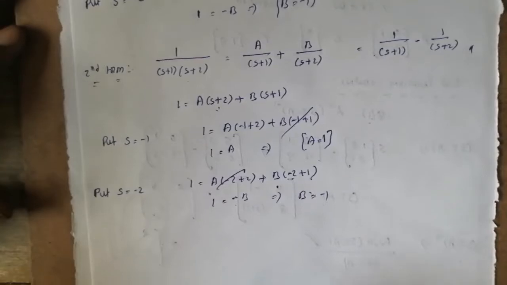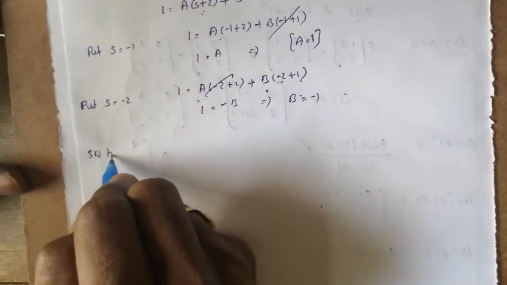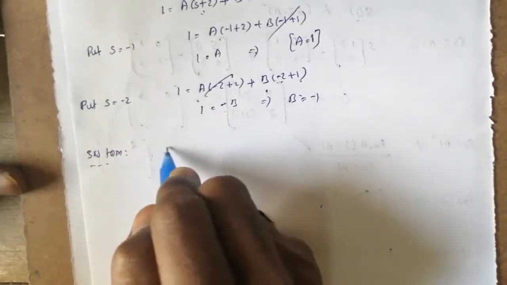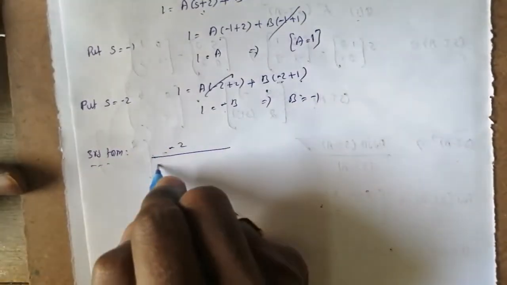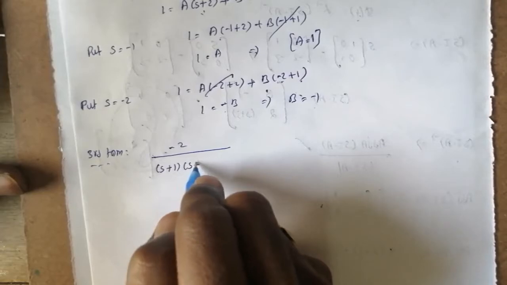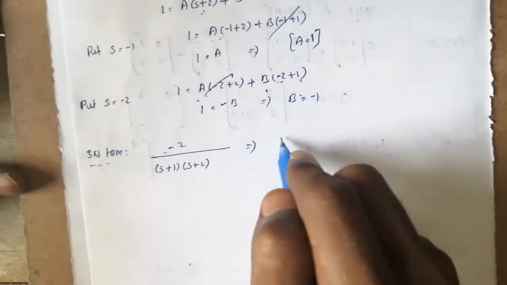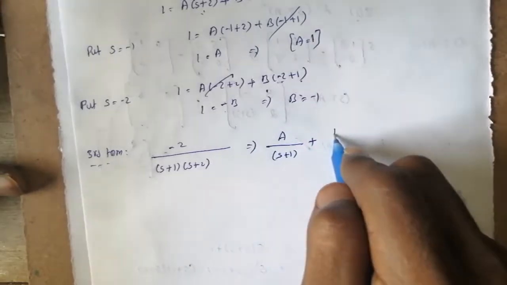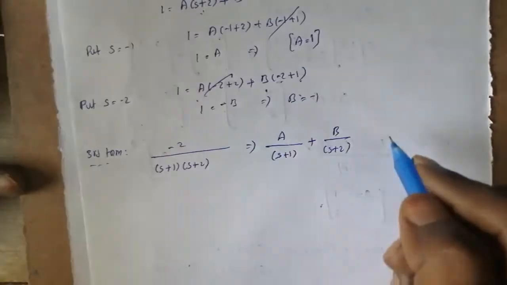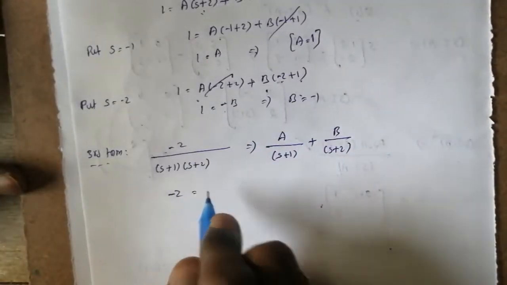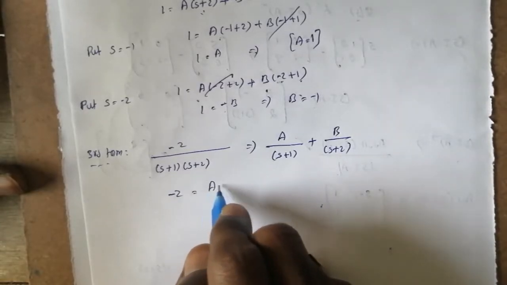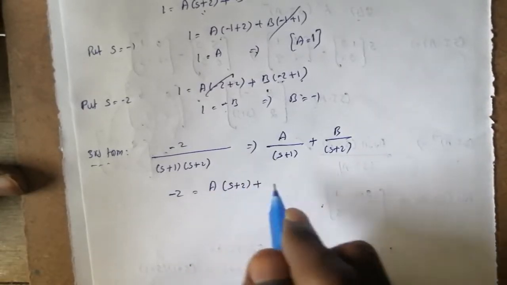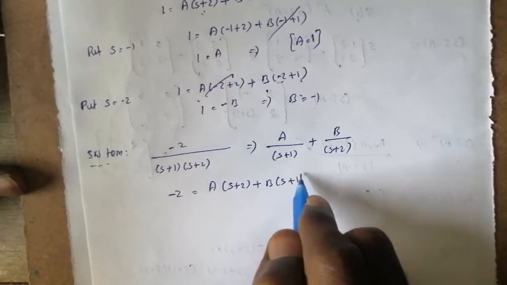Now let me see the third term. The third term is minus 2/((s+1)(s+2)). If you separate this into two terms, A/(s+1) and B/(s+2), after simplifying you will get minus 2 equals A(s+2) plus B(s+1).